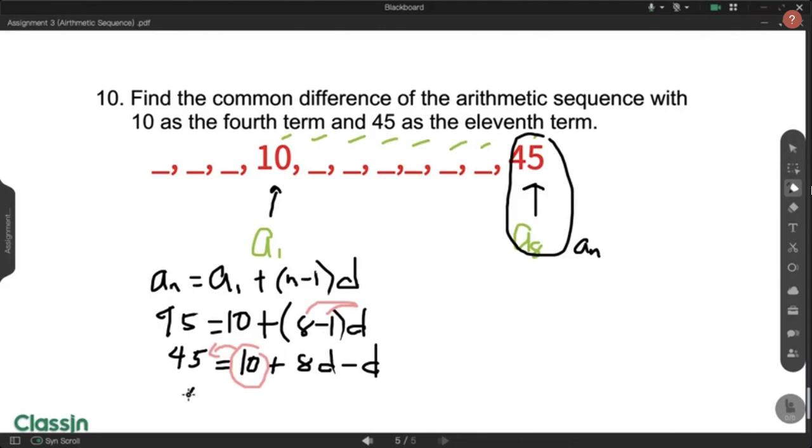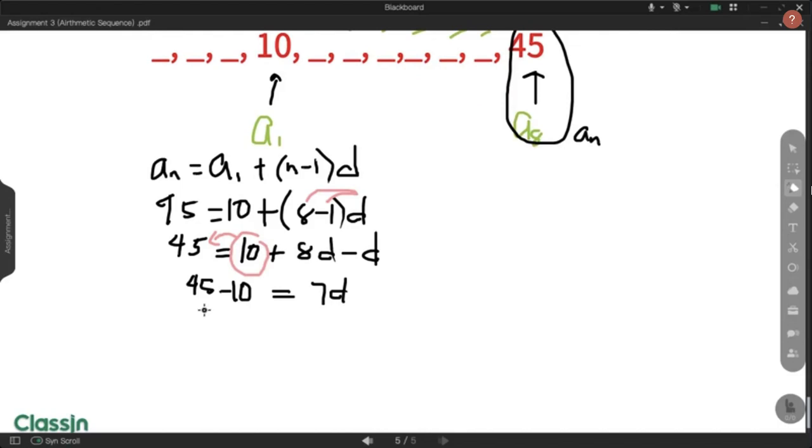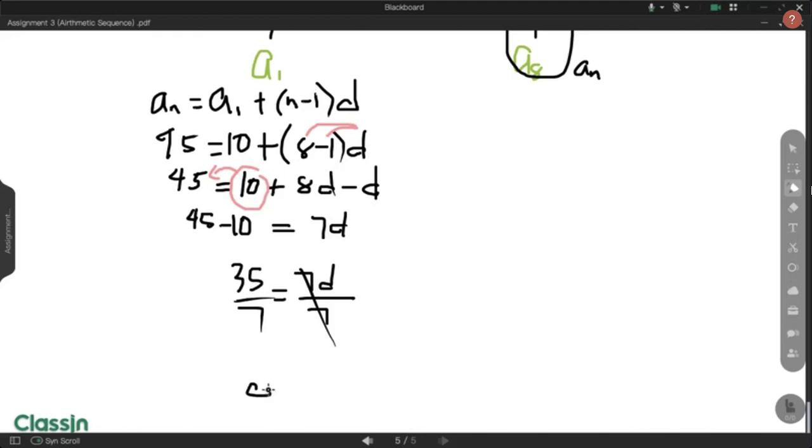We have 45 minus 10 equals 8d minus d is just 7d. 45 minus 10 is 35 equals 7d. Divide both sides by 7. Now you have d is equal to 5. The common difference is 5.